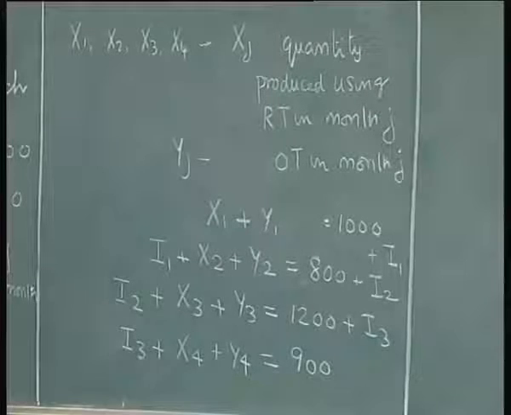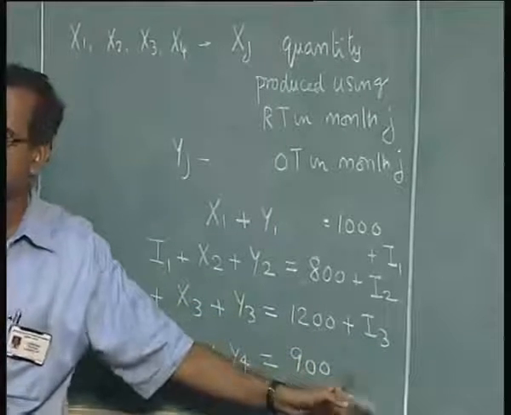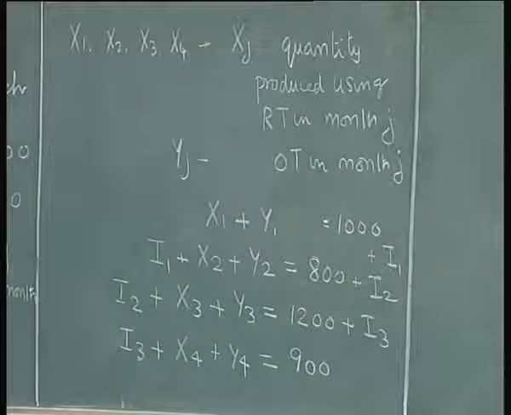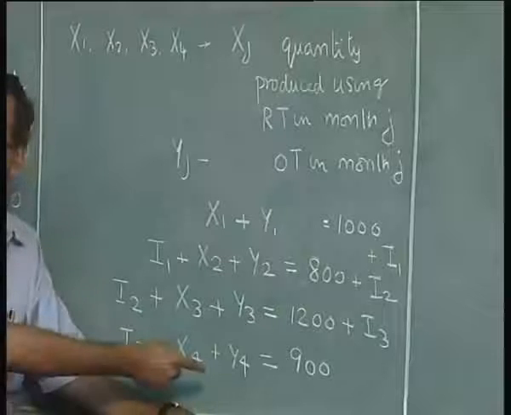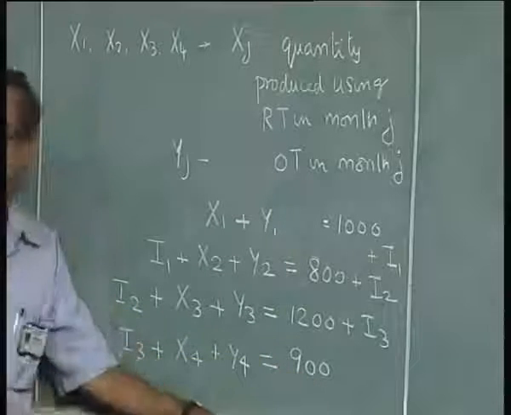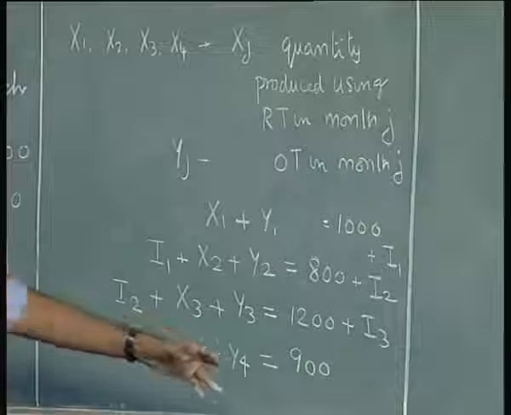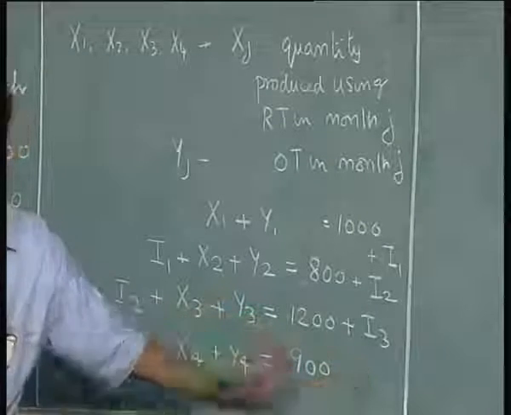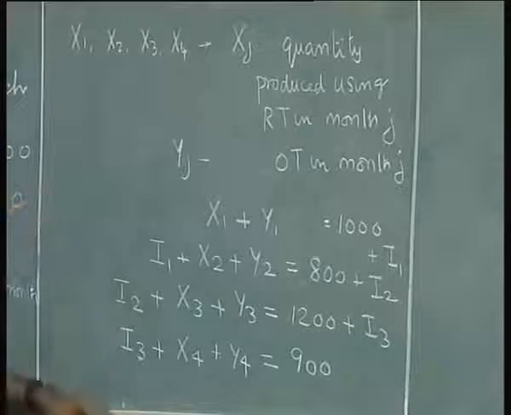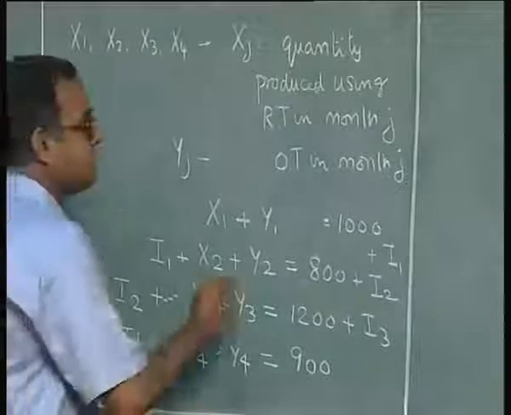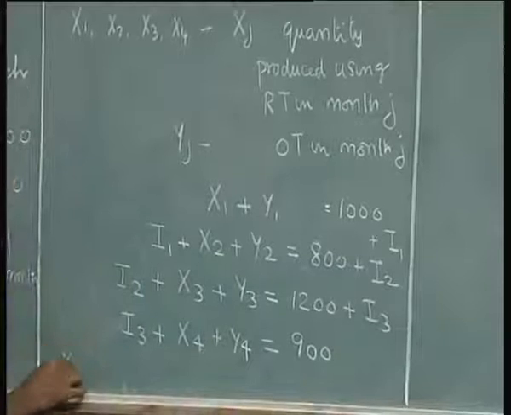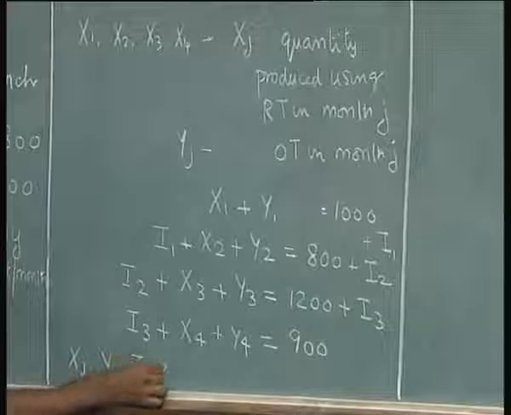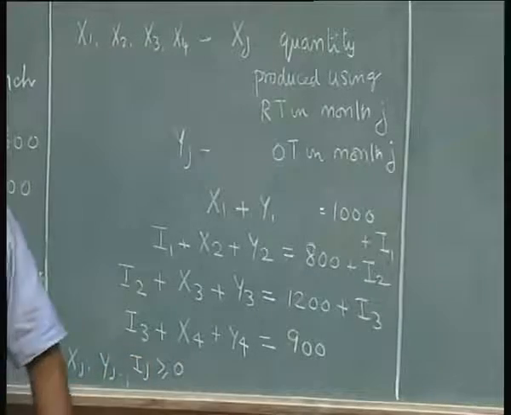We are not using an I4 here because the problem stops at the end of the fourth month, and therefore, we would adjust these quantities in such a way that we get exactly 900, which is required to meet the demand of the fourth month. So, we do not use an I4 here. Plus, we also have the condition that all xj, yj and Ij are greater than or equal to 0.